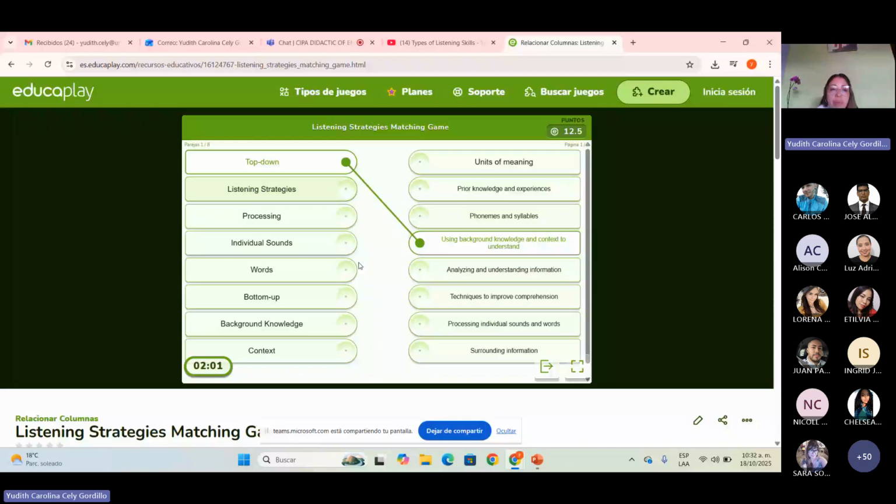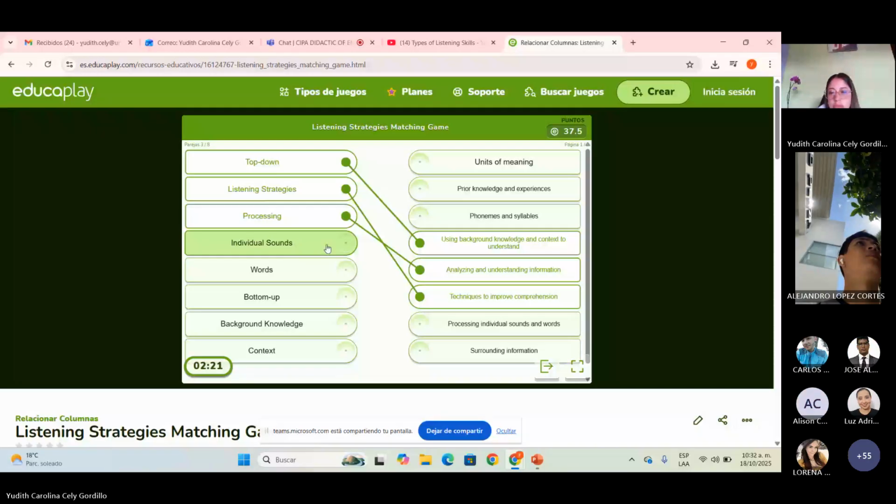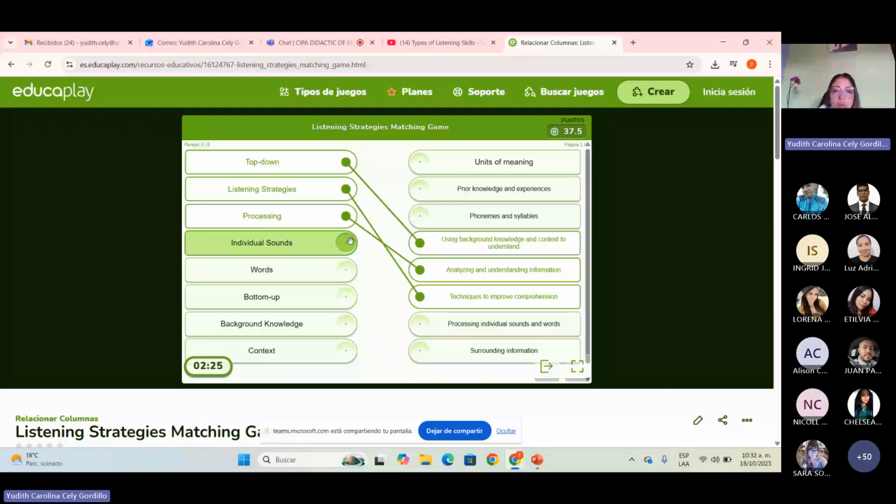Perfect. Processing. What about this? Analyzing and understanding information. Perfect. Individual sounds. What do you think? Phonemes and syllables. That's all right. Words. What about this? Units of meaning.